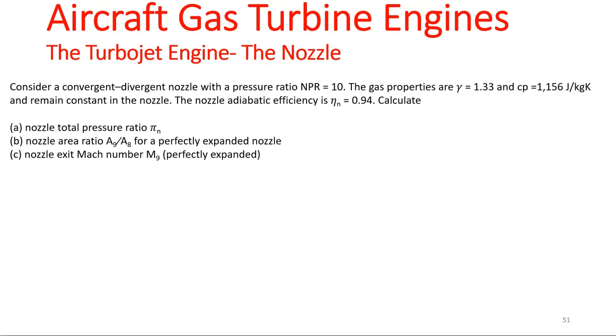Your pressure ratio is going to be 0.8335. Then let's solve part 2 and part 3.